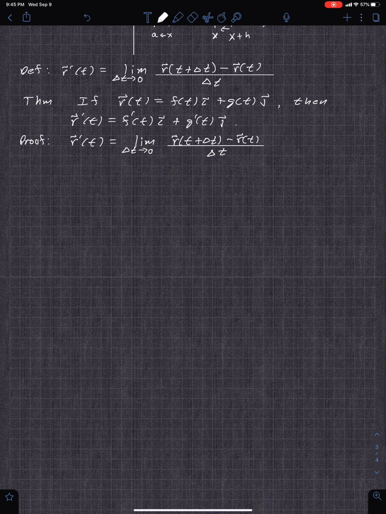And then now let's substitute in my function. That would be equal to, it's going to be a long one, the limit as delta t approaches 0 of all this.